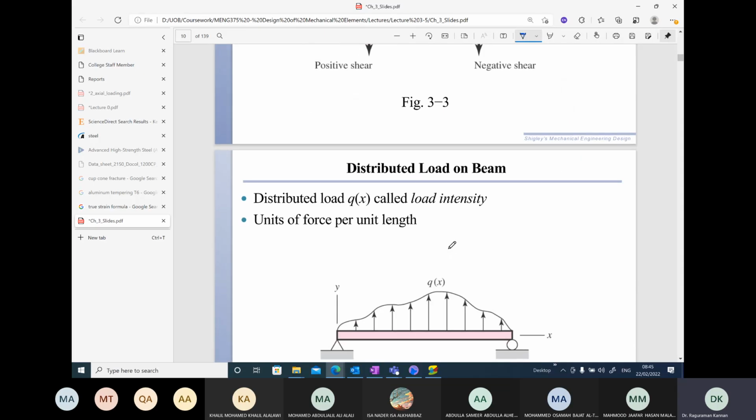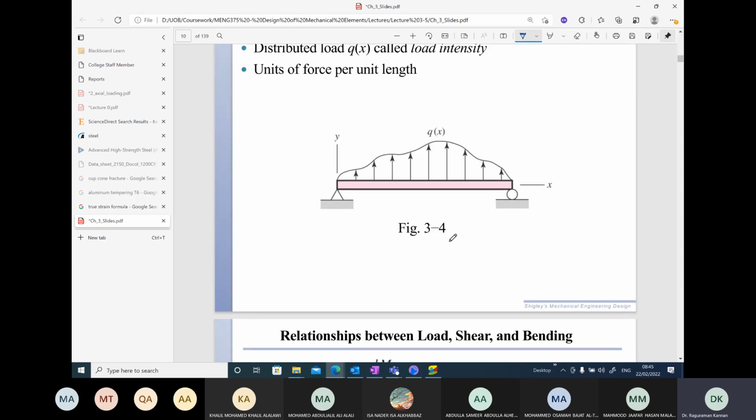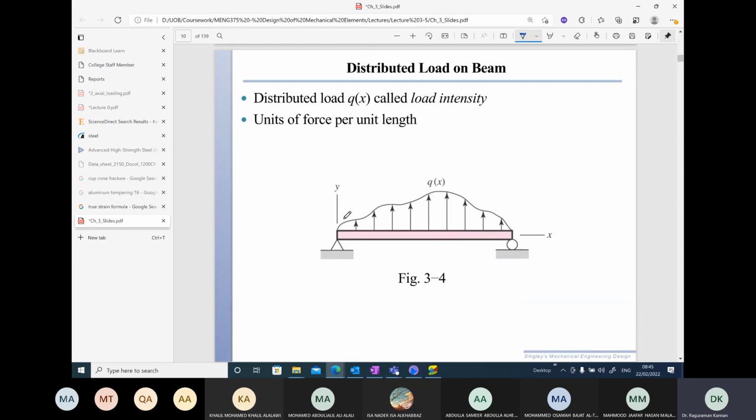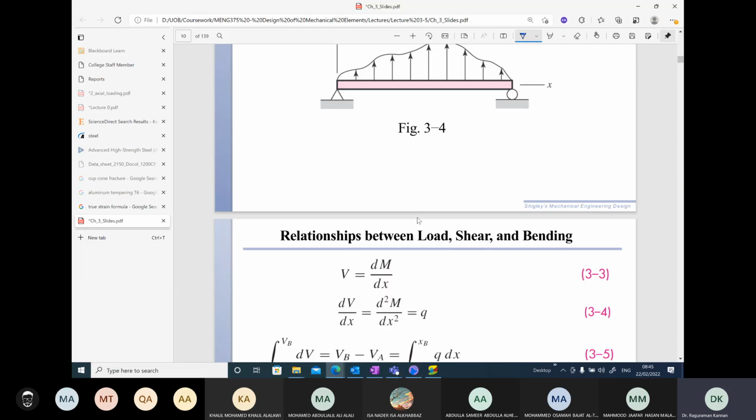We will see exactly how to use these sign conventions. Your beam can have a distributed load, and if it does, we represent it as a function of x. It can be constant, linearly varying, maybe quadratic, cubic, or complicated like this.